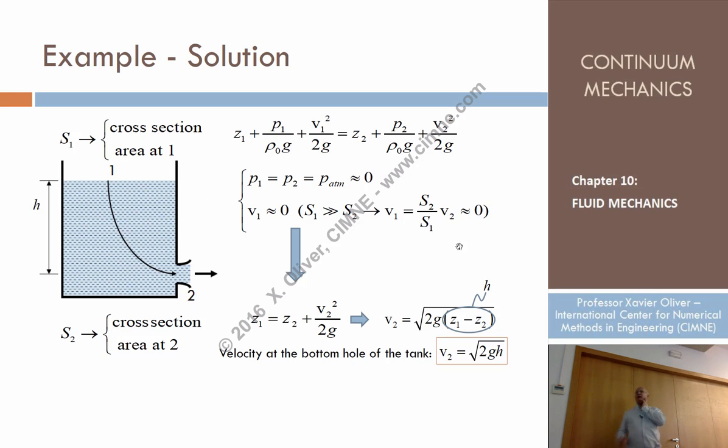But look at that. By the way, does this formula remind you of something? What is the velocity of an object which is dropped from a certain point when it has moved due to gravity a distance h? It's the same.